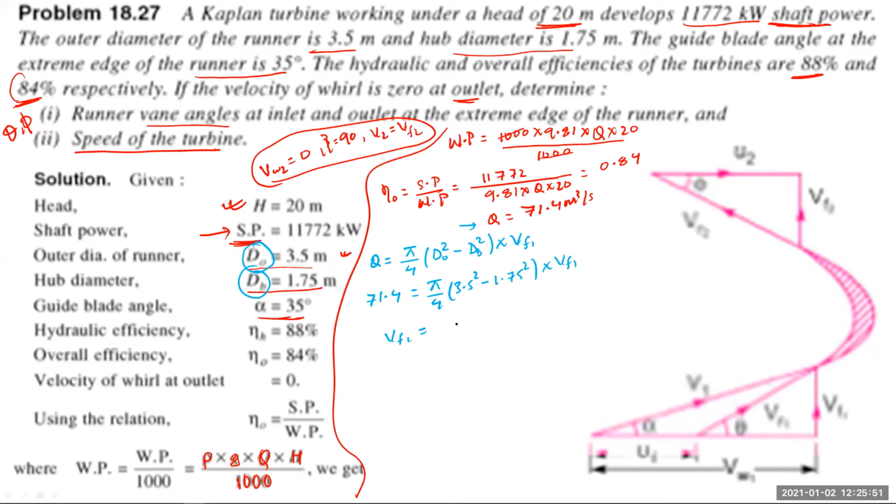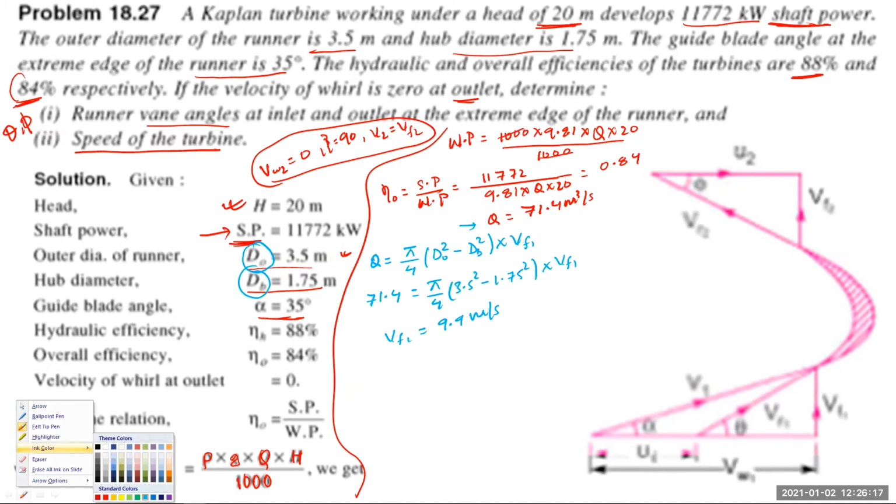If you solve it, you can get the value. Tell me the answer. Vf1, how much are you getting? If I am correct, you will get something around 9.9 meter per second. Okay, this is your Vf1.